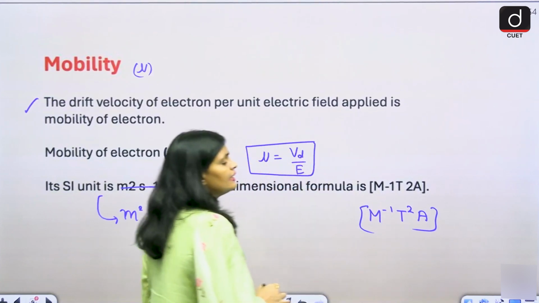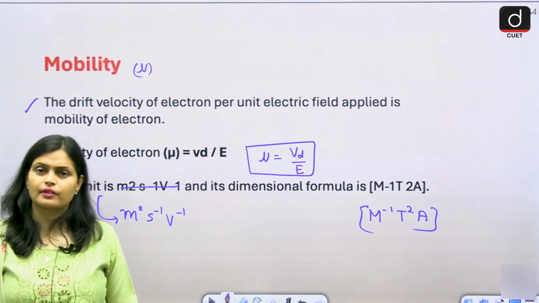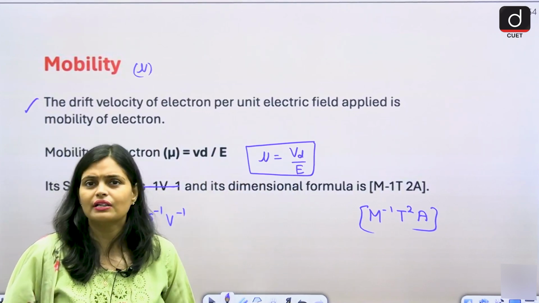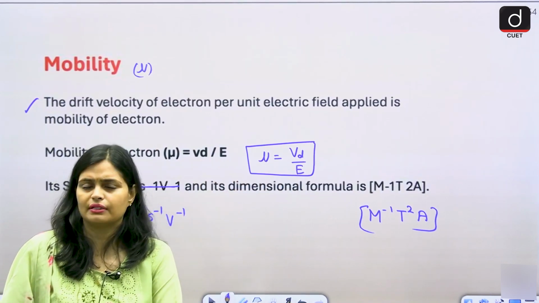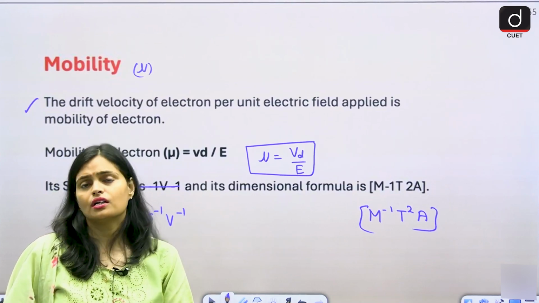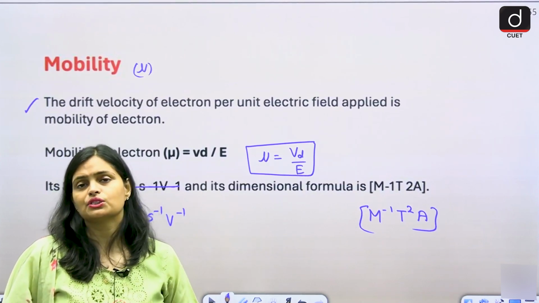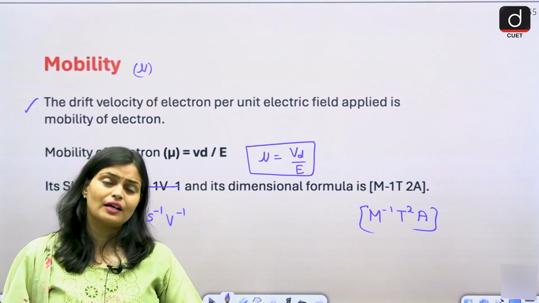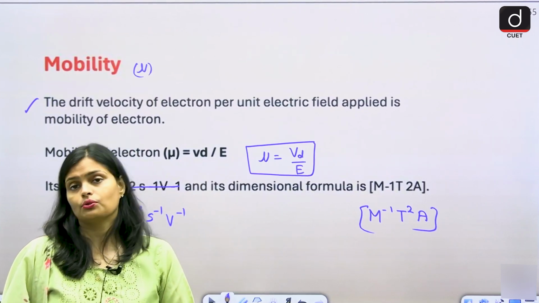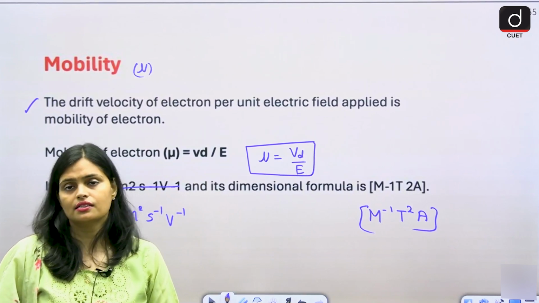So this is the dimensional formula. Mostly, maybe you will get a question in CUET about dimensions, but in case of your board exam, you should know all these dimensions and units. Sometimes you have to write down all the definitions and answers, so in that, you have to write down these formulas and the SI units.